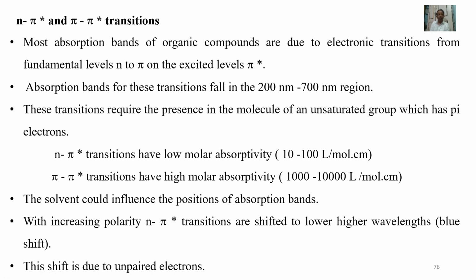That's a blue shift, so it must be a lower wavelength, and so higher energy. So that's a mistake on the slide: it is not higher, it is lower wavelength. This shift is due to unpaired electrons.